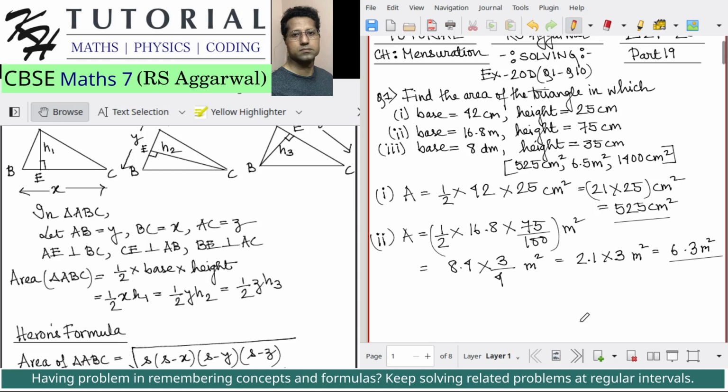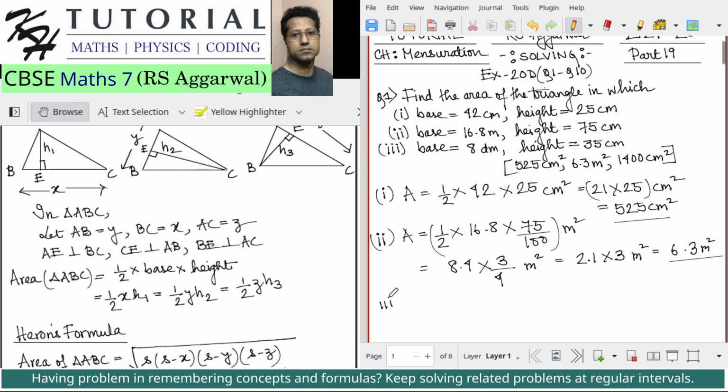So 2.1 multiplied by 3, it should be 6.3. Why is it given as 6.5? Let me quickly check the answer. Maybe I have incorrectly written the answer. Question number 1, part 2 is 6.3. Sorry, my answer is correct. This is 6.3 only. Okay, 6.3 meters square.